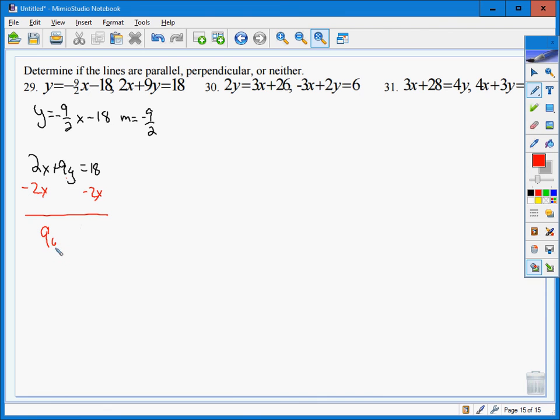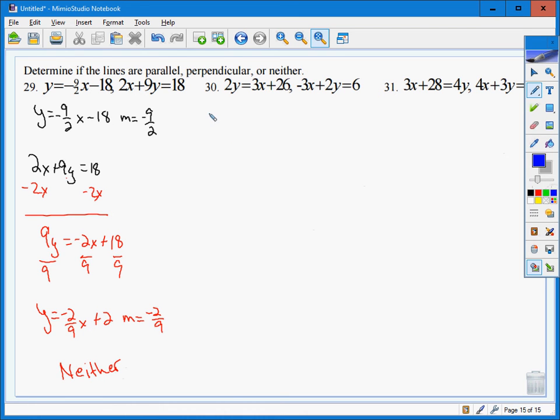I now have 9y equals -2x plus 18. I'm going to divide every piece by 9. I have y equals -2/9 x plus 2. The slope of this line is -2/9. Although they are reciprocals, they're not opposite reciprocals, so it is neither parallel nor perpendicular.